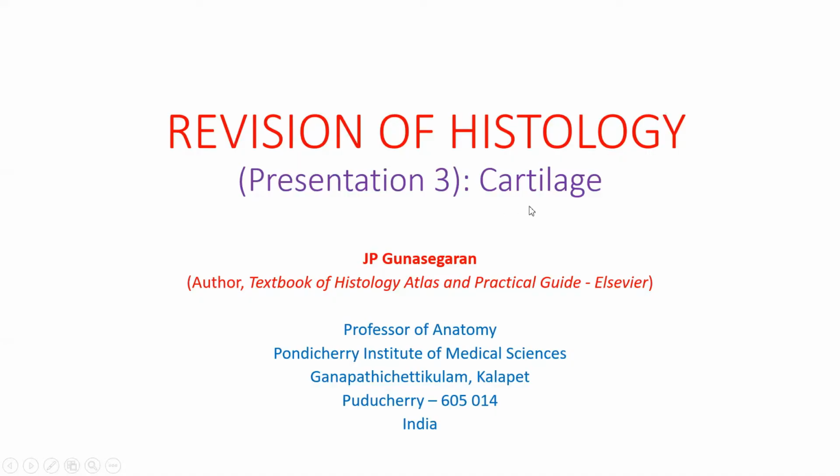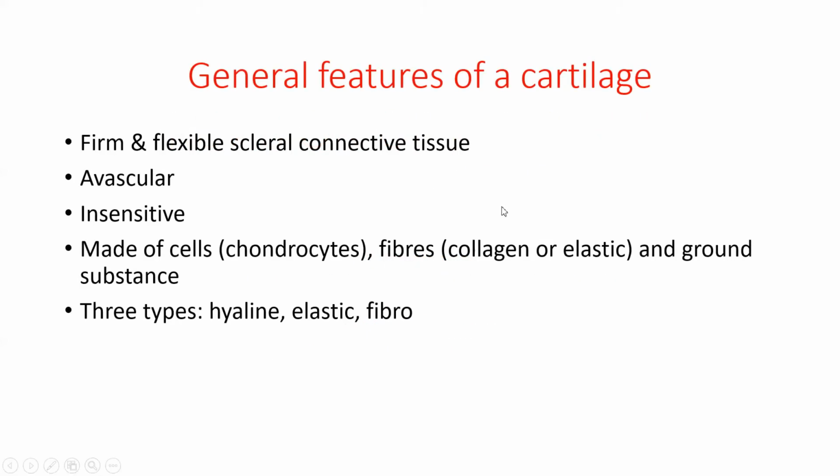This presentation deals with cartilage. Cartilage is a firm and flexible type of skeletal connective tissue. It is avascular, so regeneration is poor when damaged. It is devoid of nerves, so insensitive. Like ordinary connective tissue, cartilage is also made of cells, fibers, and ground substance.